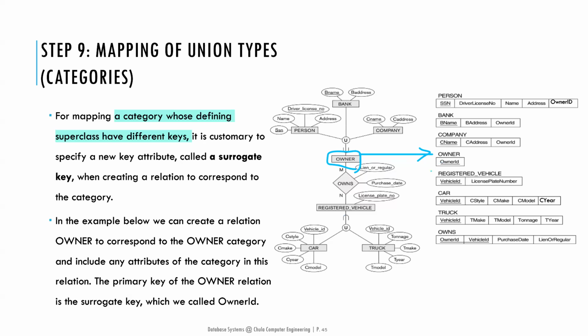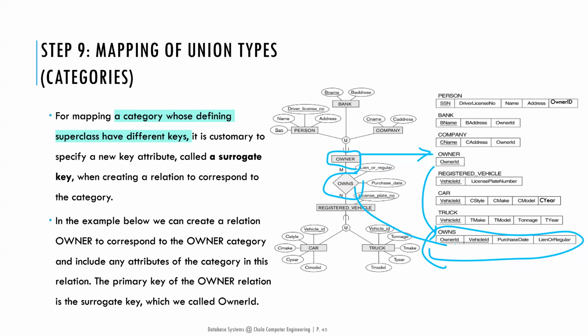But now we have to put owner ID and create this owns here. You can see that we create this owns, which comes from this one, and put the owner ID, which is a surrogate key, within this owns.